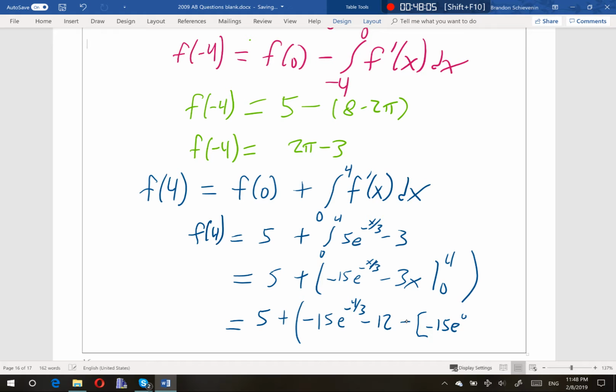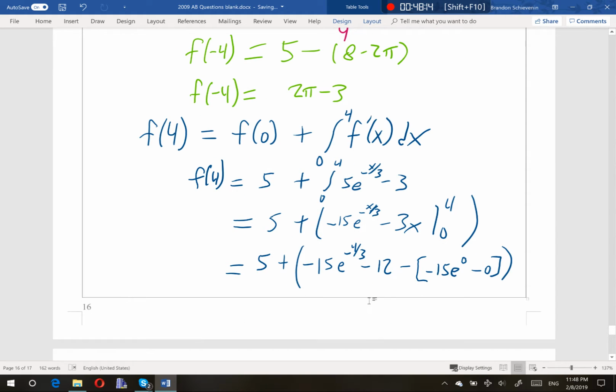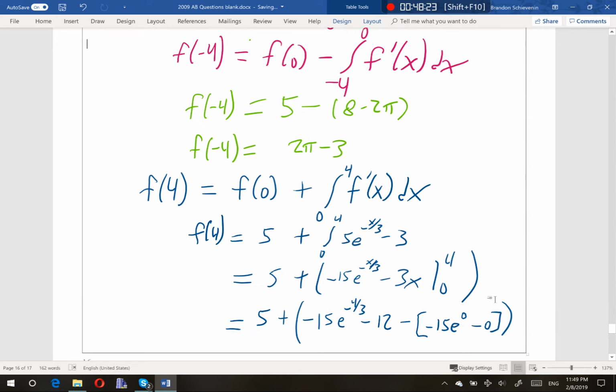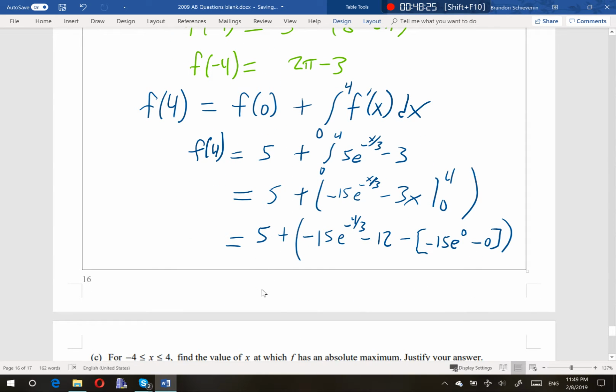Anything to the 0 power is 1. So that e to the 0 will become 1. 1 times negative 15 is negative 15. Okay. I don't think I can pull this down anymore.